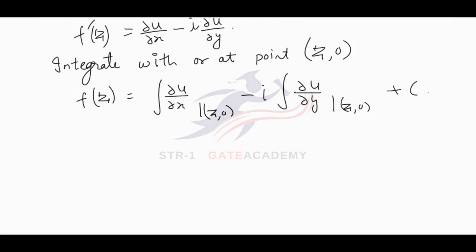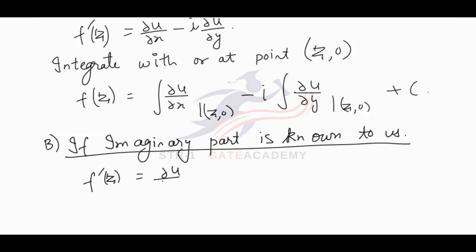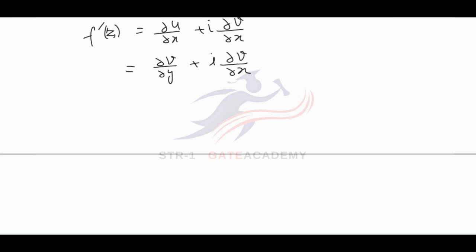Second could be, if the imaginary part is known to us, that means v is given. Similarly, f dash z is del u by del x plus iota times del v by del x. So we know v now, change u. Del u by del x can be written as del v by del y plus iota times del v by del x. Very simply now we can substitute this value.